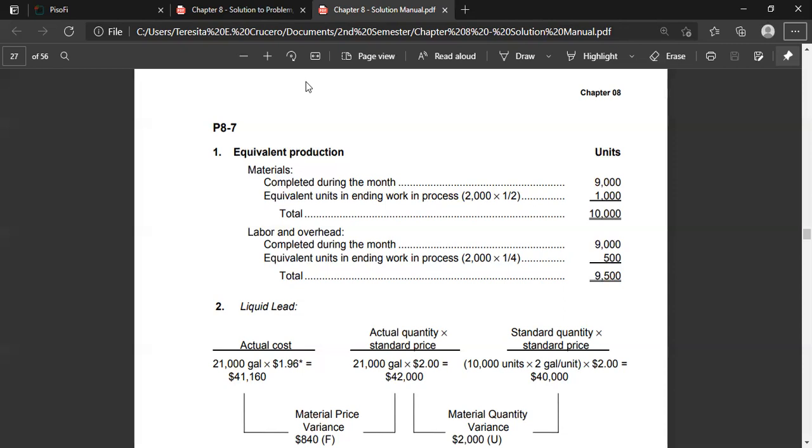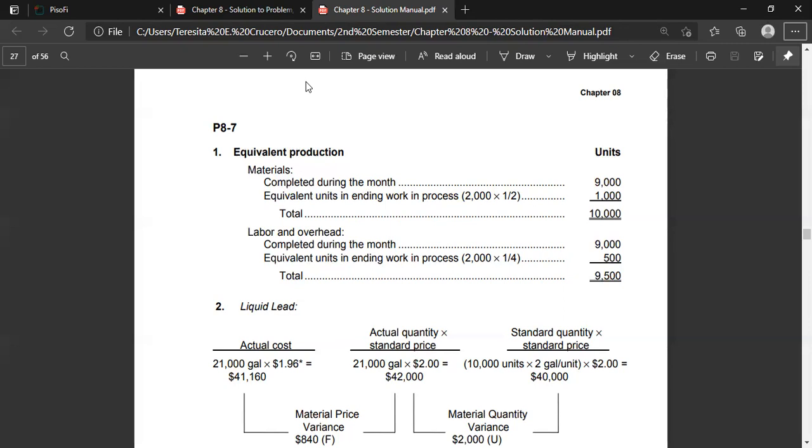With regards to the ending inventory of 2,000 units, the materials added was only 1/2 of the needed materials, since the ending units in process is only 1/4 completed. So you still need to add the remaining 50% materials when the process is already 2/3 complete.